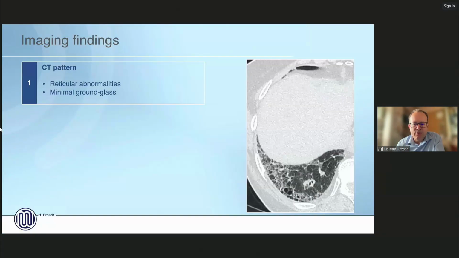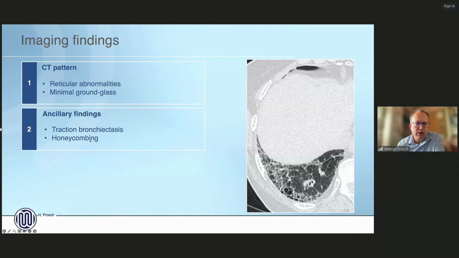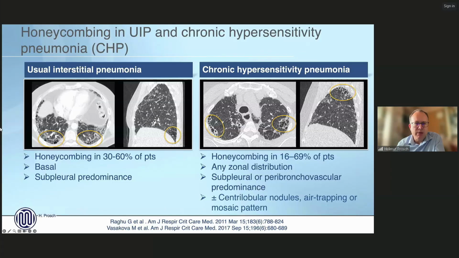So this fulfills then the criteria of a UIP, because we see here these reticular abnormalities and minimal ground glass in combination with traction bronchiectasis and honeycombing in a basal and subpleural predominance. And here next to each other, the two main differential diagnoses would be honeycombing in UIP and hypersensitivity pneumonia.